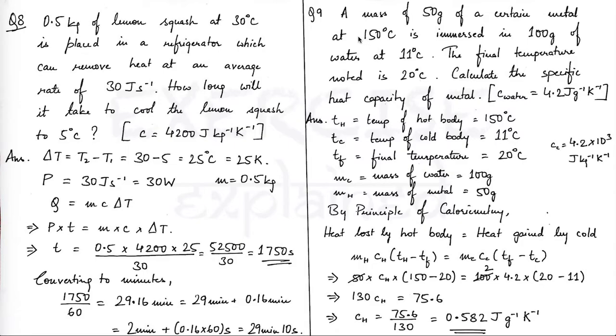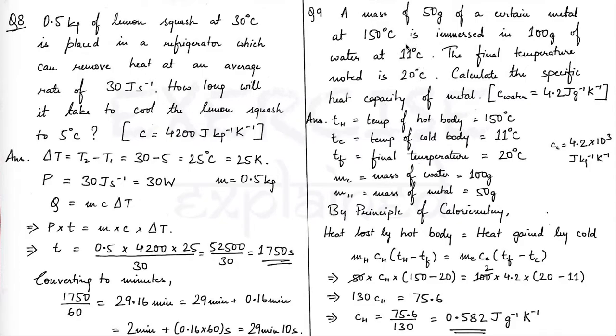The temperature of the hot body is 150 degrees Celsius. The temperature of the cold body is 11 degrees Celsius. The final temperature given in the question is 20 degrees Celsius. You can see the final temperature comes in between the hot body temperature and the cold body temperature.